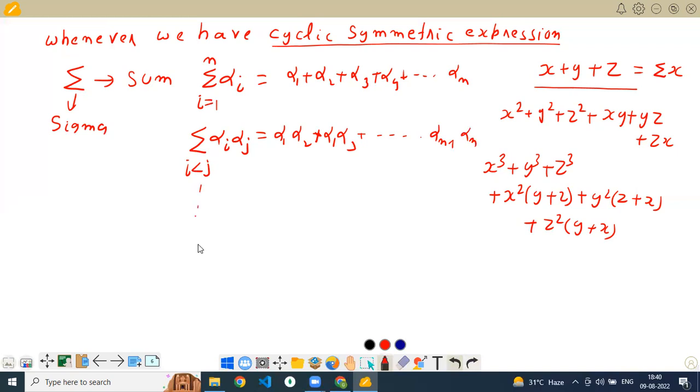And last is just the product, alpha 1 alpha 2 up to alpha n. I can write it as pi of alpha i, i equal to 1 to n. This means alpha 1 multiplied by alpha 2 multiplied by alpha 3 multiplied by alpha n.